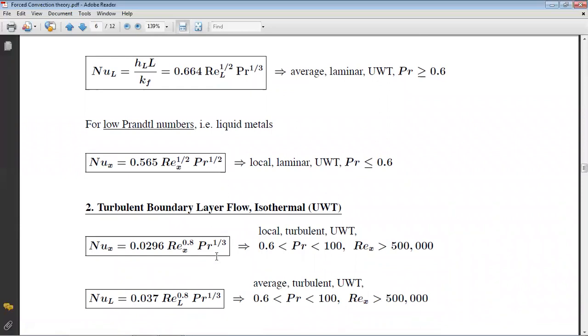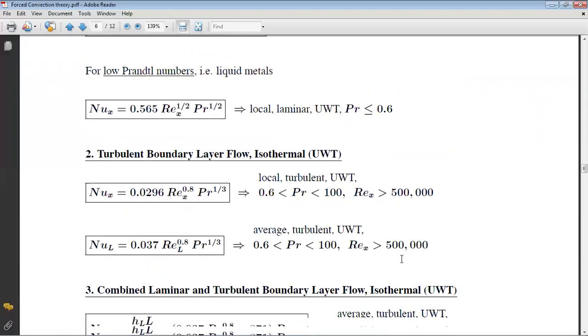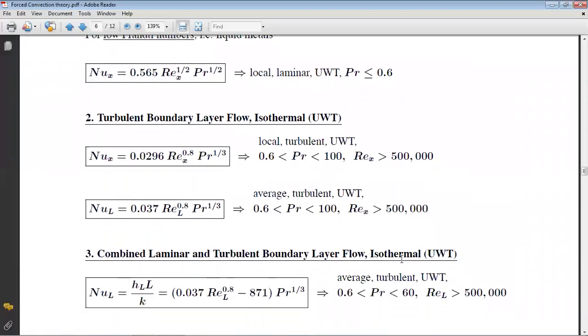Similar is the case for turbulent boundary layer. As I told, for flat plates, we will consider the flow to be turbulent if the Reynolds number is greater than 5 into 10 to the power 5. These are some empirical relations wherein you can use the values of Reynolds number and Prandtl number and calculate the value of Nusselt number.